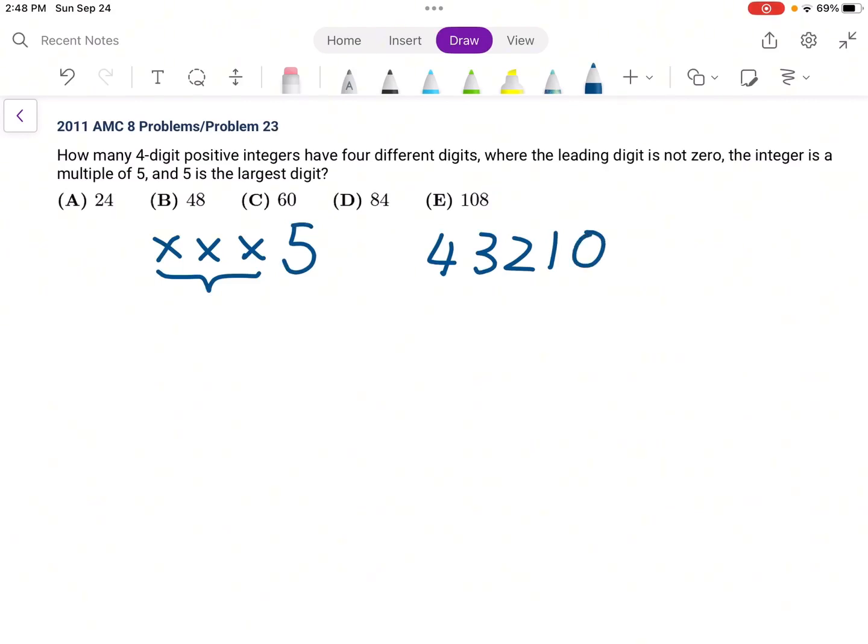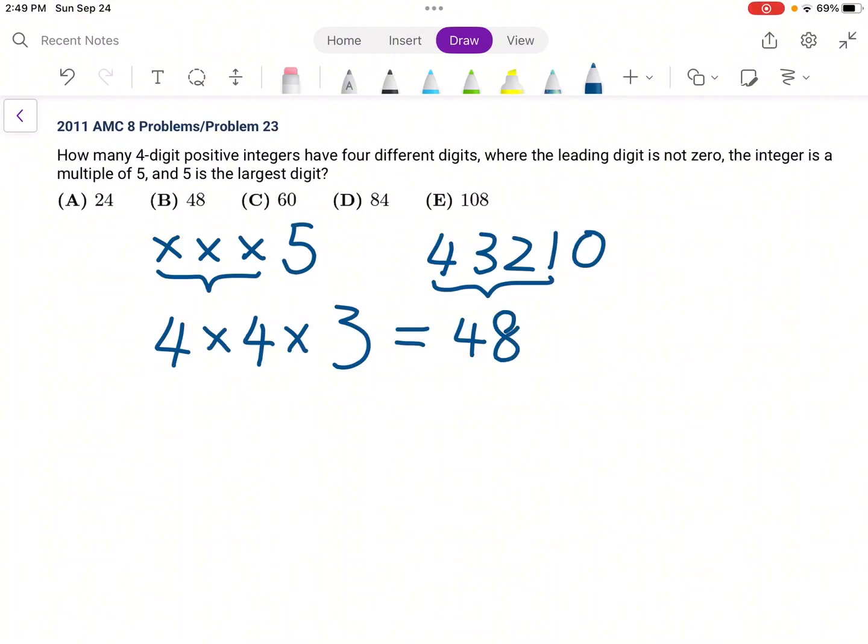But the first number has to come from 1 to 4. So for the first number, we can have 4 choices. And after we choose one number from 1 to 4, then for the hundredth position, we will have 4 numbers left. So that's again 4 choices. And then for the 10th position, we have 3 numbers left. So that's 3 choices. And this equals 48 total choices.